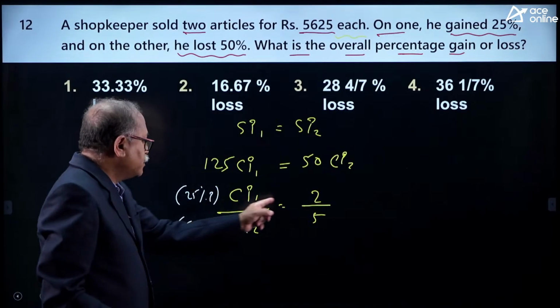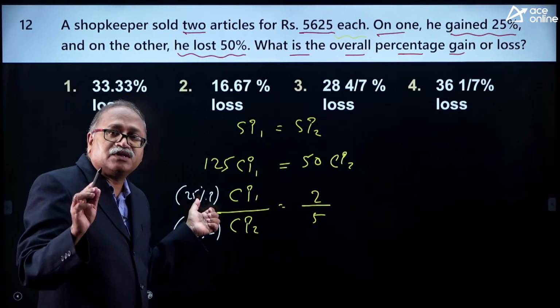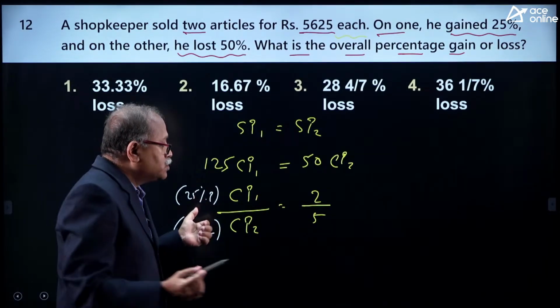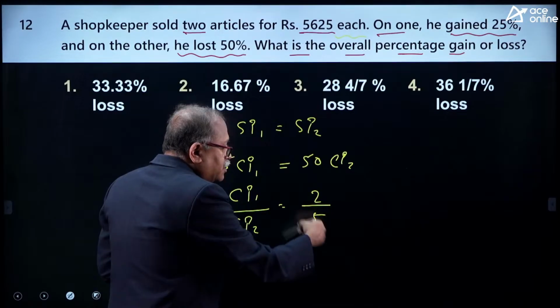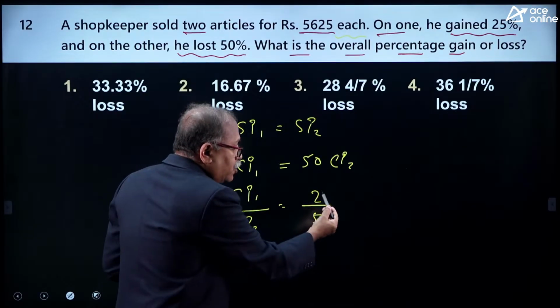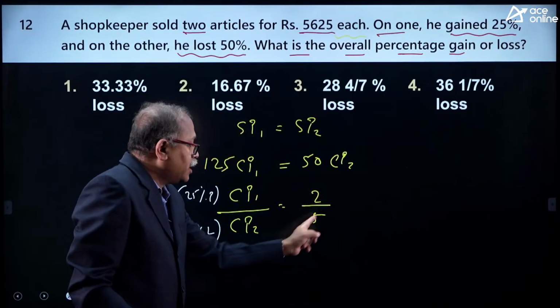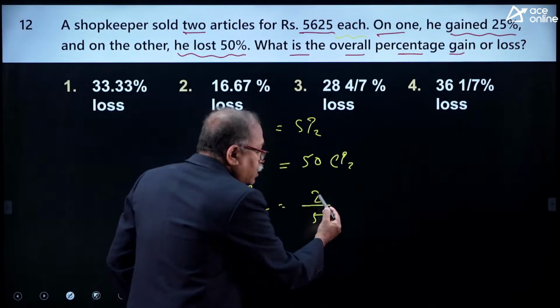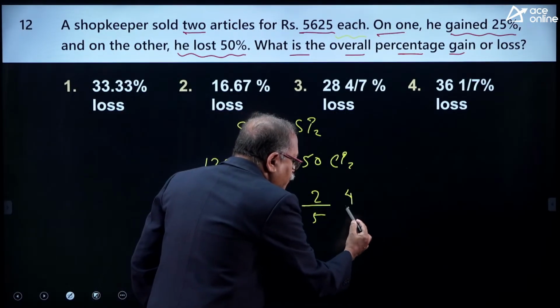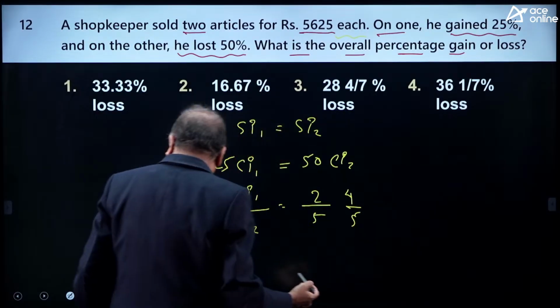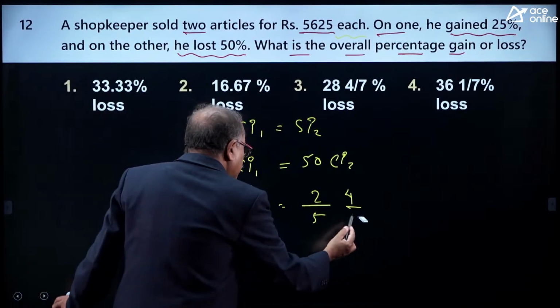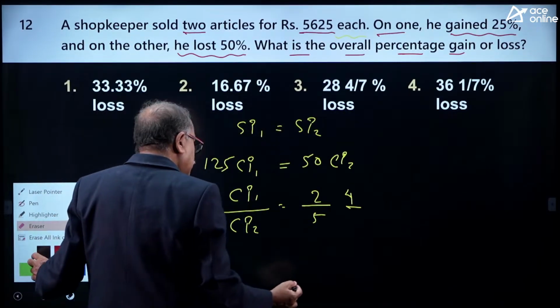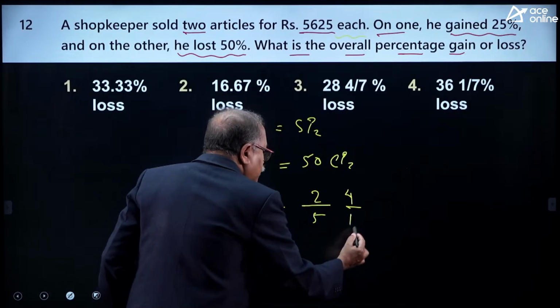So, look at this one, 25%, which is nothing but 1 by 4. So, what I will do is, I will multiply the entire fraction by 2 in order to make this 4 and this 10. So, 50% I can take out. I will write this one as 4 by 10.